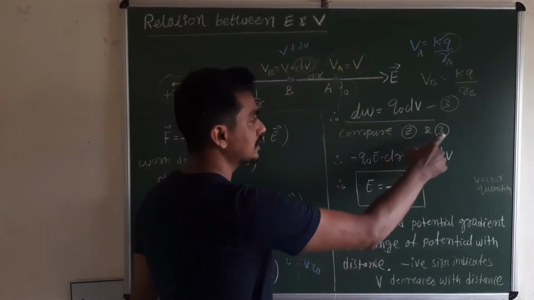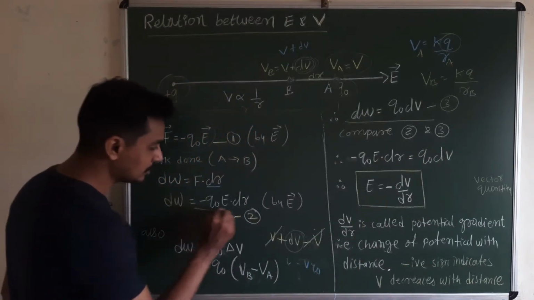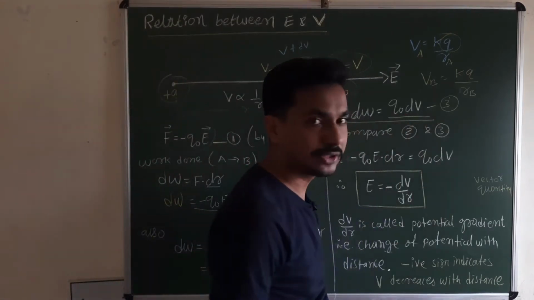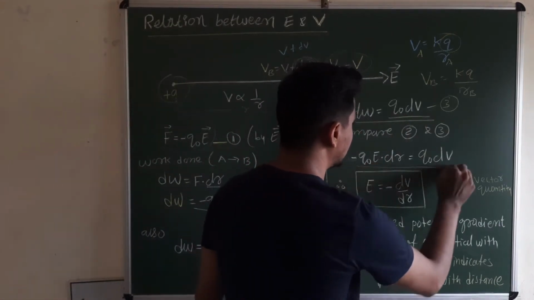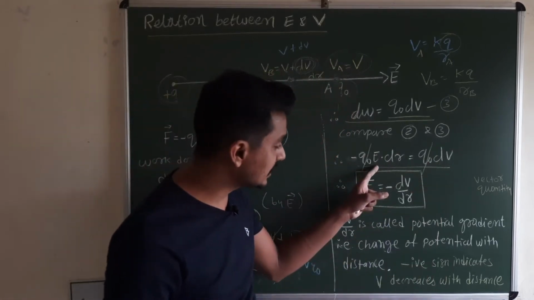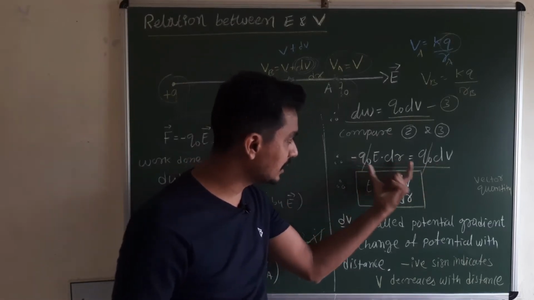Now let's compare equation 2 and equation 3. Here dW is equal to minus Q naught E dot dr, and here dW is equal to Q naught dV. So if we compare this, then Q naught and Q naught will get cancelled. So E is equal to dV, this minus sign, and dr we can bring here.